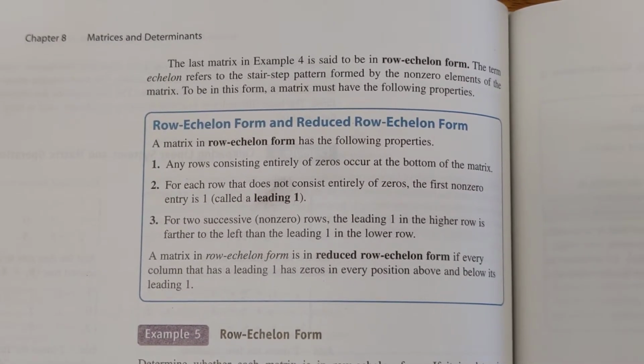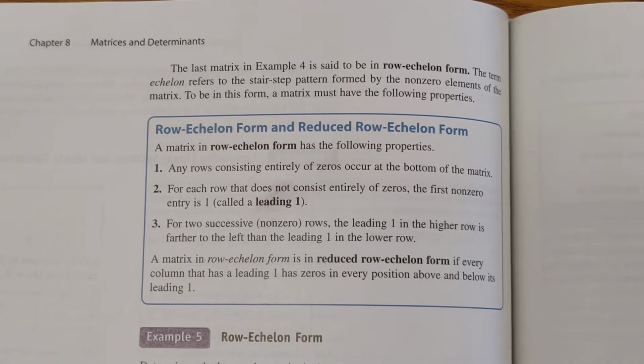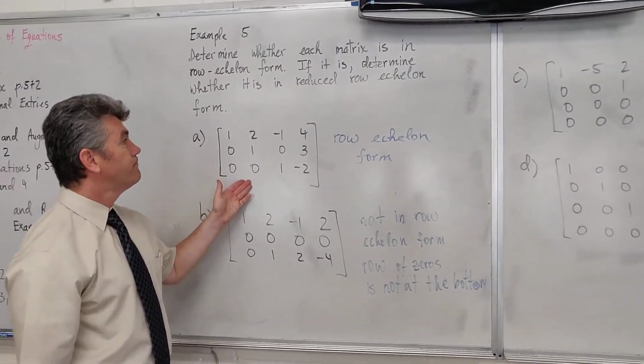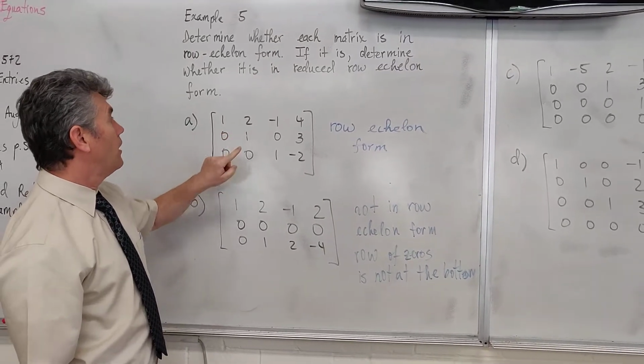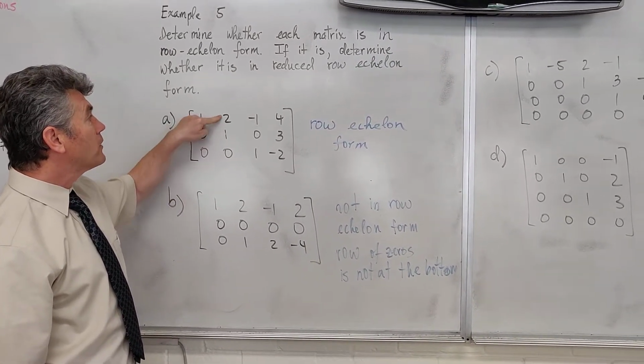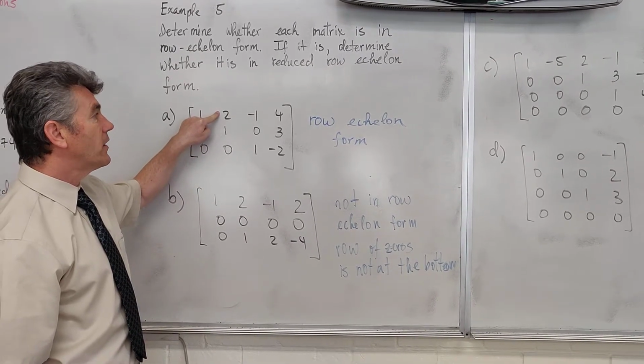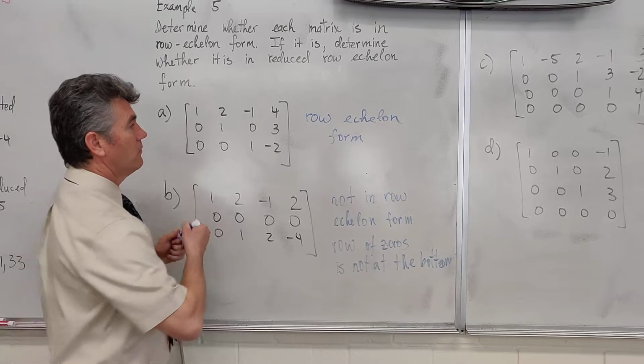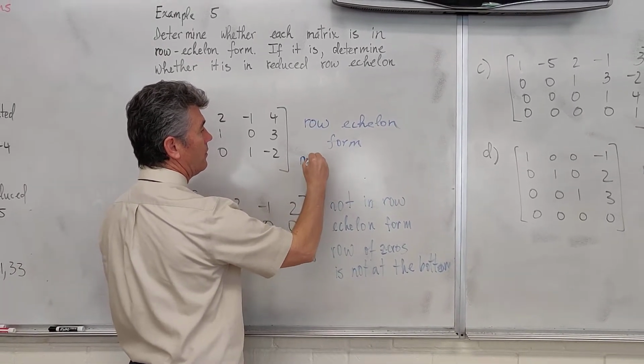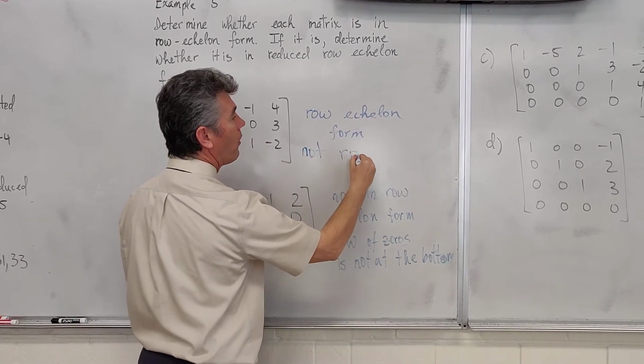And so, let's see. A. We look at the 1 in row 2, and what do we see above it? We see A12. What's supposed to be there? A 0. So, not RREF.